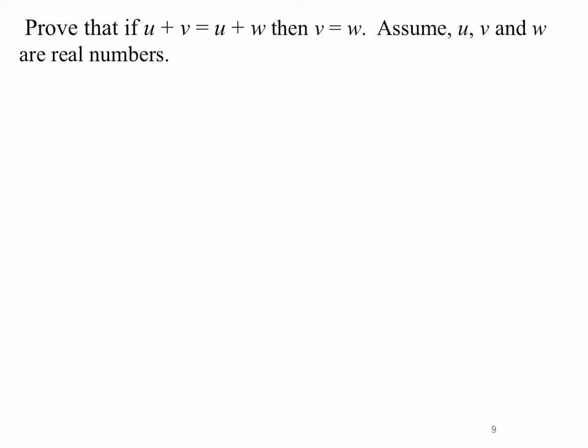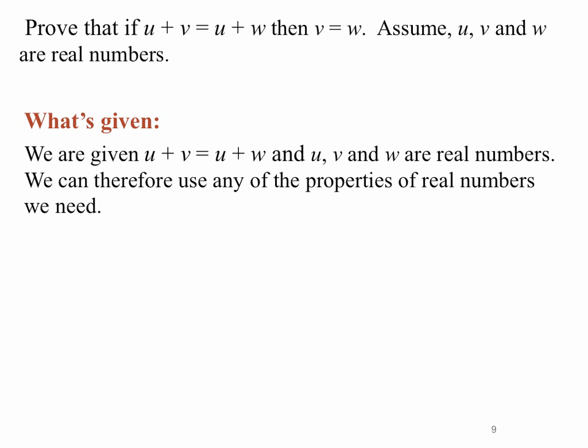So we have some axioms available to us for the real numbers, and those are the 10 axioms that we're supposed to remember. And so what is given to us? We're given that u plus v equals u plus w, and that u, v, and w are real numbers. And so we can therefore use any of the properties of real numbers we need because we were told they were real numbers. So those 10 axioms are available to us.